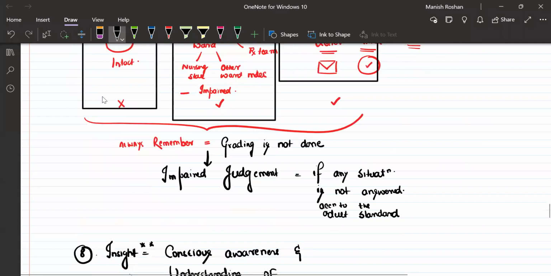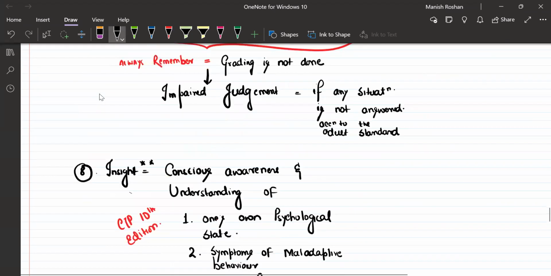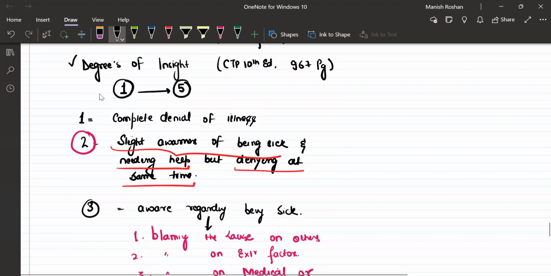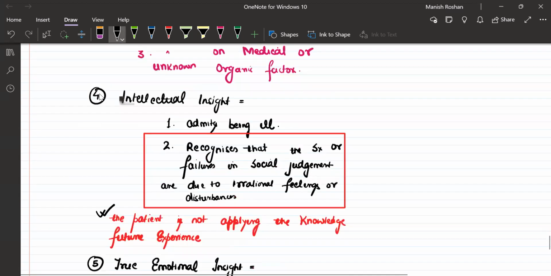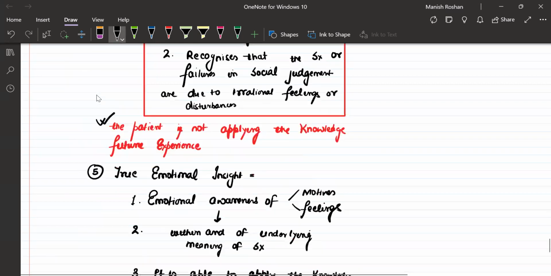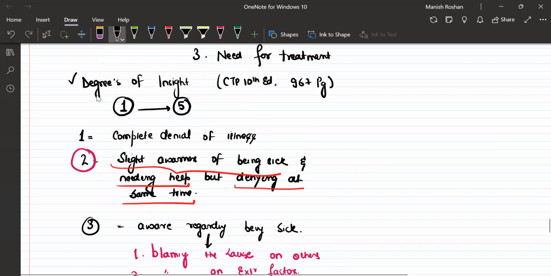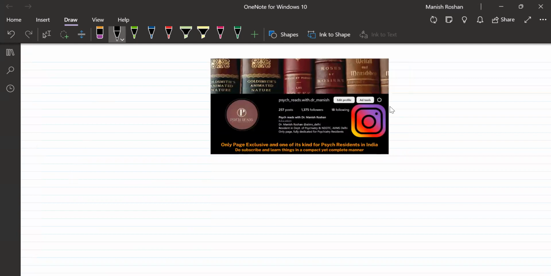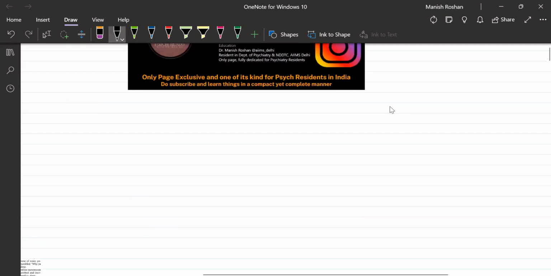If any of the judgment is not intact, you have to label the whole judgment as impaired judgment. The last one was the insight. Insight has 5 degrees. The interpretation is usually given as 3 by 5, 4 by 5, and accordingly you label the situation. So I hope I was able to make you understand the various subheadings of neurocognitive functions and the various tests that we have to do.